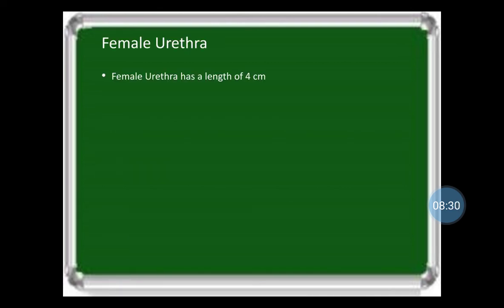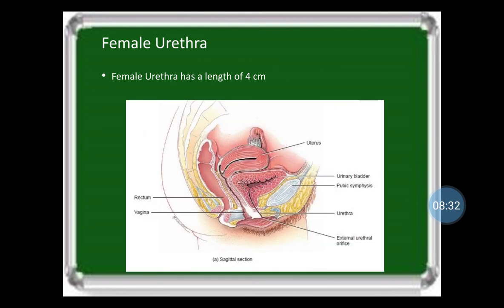Now we see the female urethra. The length is about 4 cm. This is the diagram of the female urethra. This is the urinary bladder, and then the urethra. It is only 4 cm long, and the capacity of the urinary bladder is less than in the male. It is due to the uterus being above the urinary bladder.